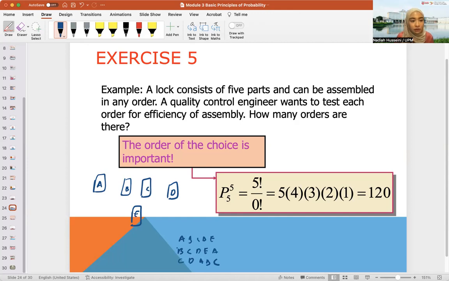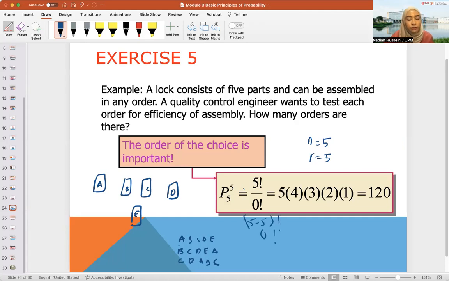So here n is equal to 5. You have 5 parts, and the subset size is also equal to 5. From the 5, you are choosing 5. What are the possible ways of choosing 5? So here, permutation 5 of 5 gives you 5 factorial over 5 minus 5 factorial, which is just 0 factorial.